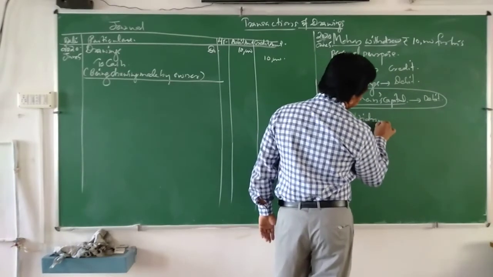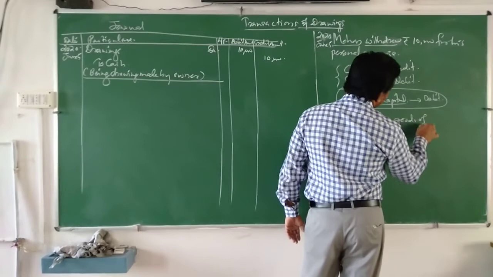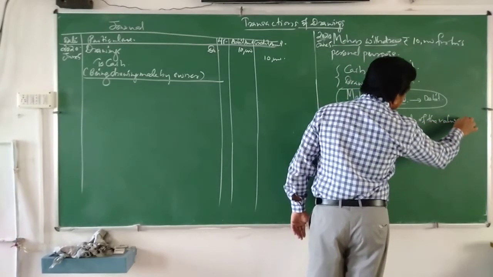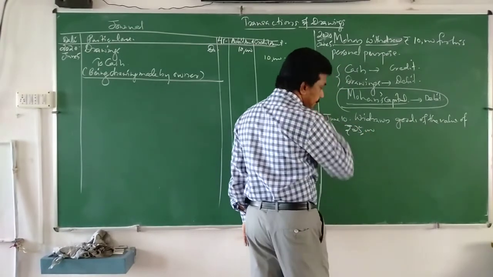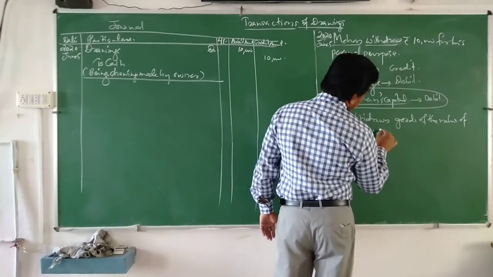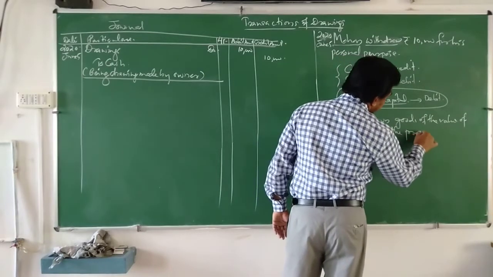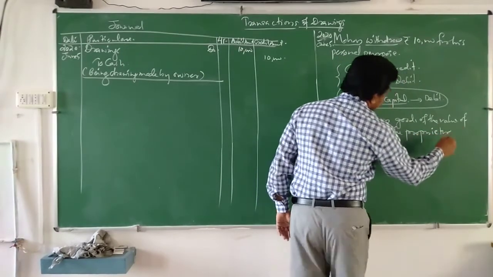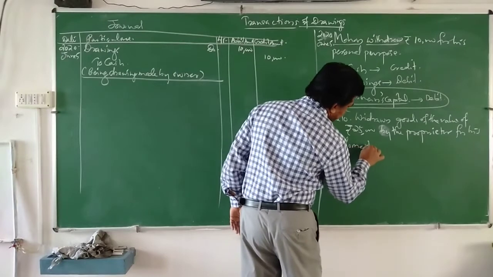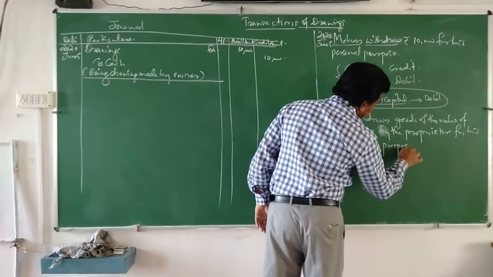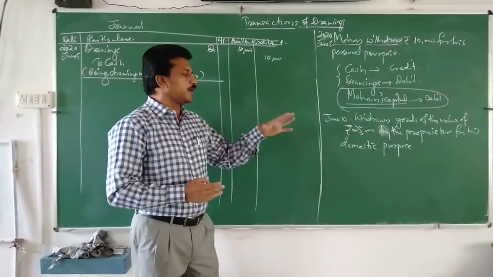Withdrawn goods of the value of rupees 25,000 by the proprietor for his domestic purpose.